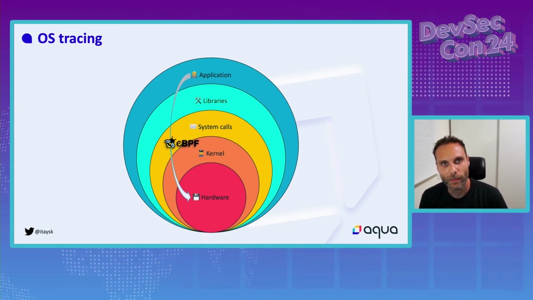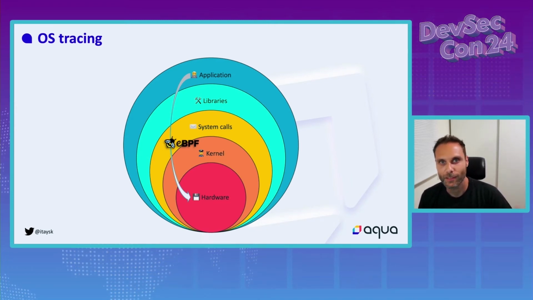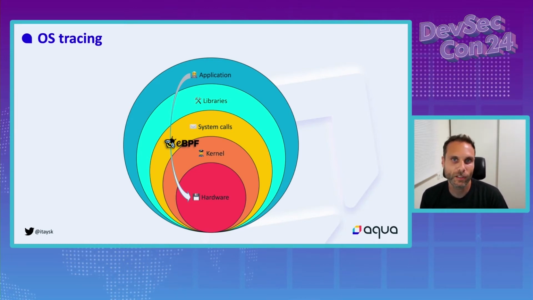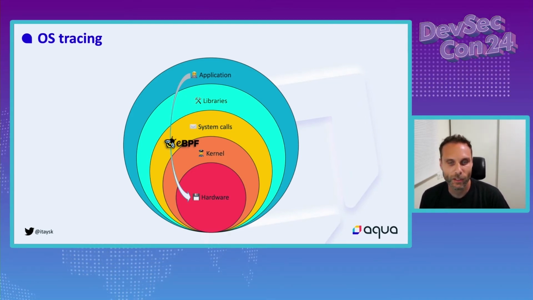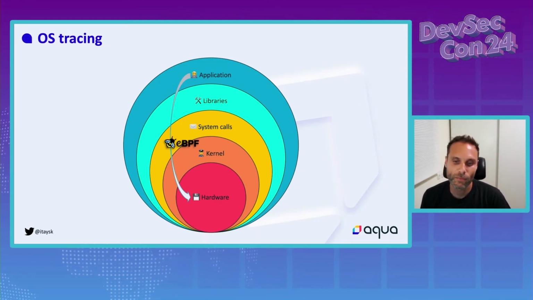Because it doesn't really matter whether the application is written in whatever language, whether it's running in a container or in a VM, or whether it's privileged or not. None of it matters. All of the code that is being executed on the computer and is trying to access the hardware is going to eventually go through us, thanks to eBPF. And this is where we have the opportunity to examine what's going on.